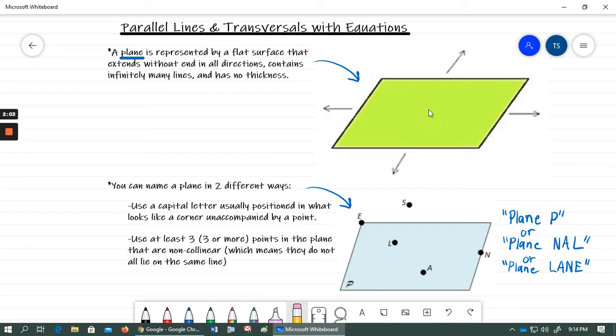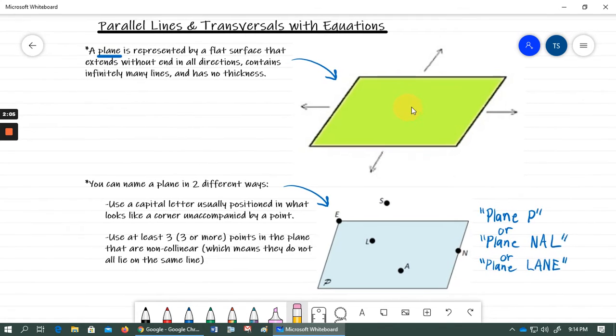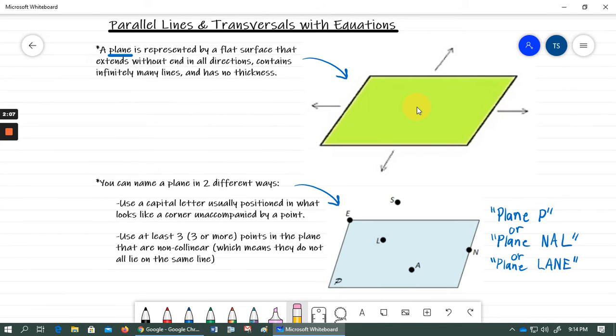If you look at this diagram to the right, with this green flat-looking surface that extends in all directions, you see the arrows extended without end. It contains infinitely many lines because lines don't have any thickness, and lines extend in both directions.